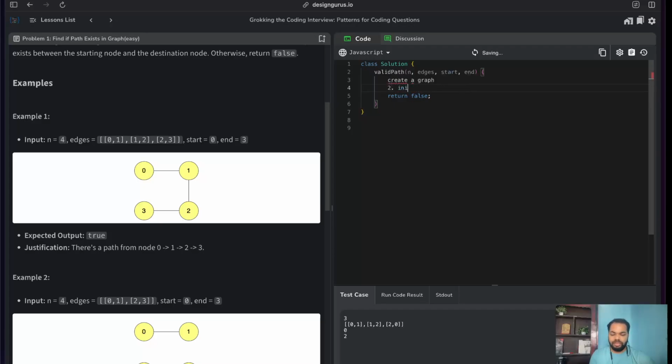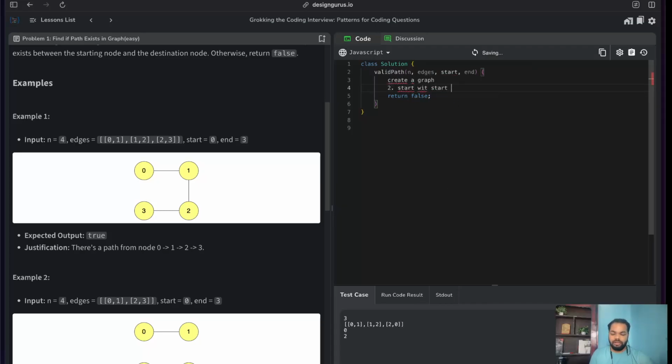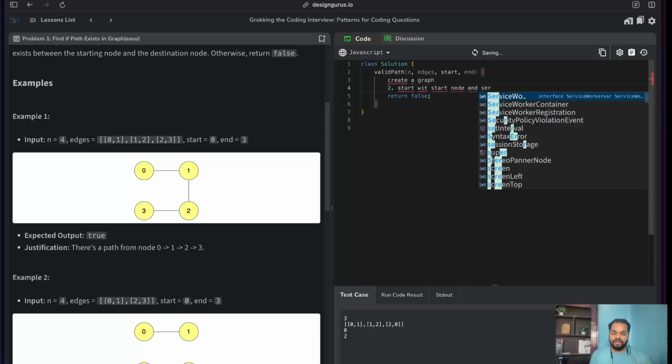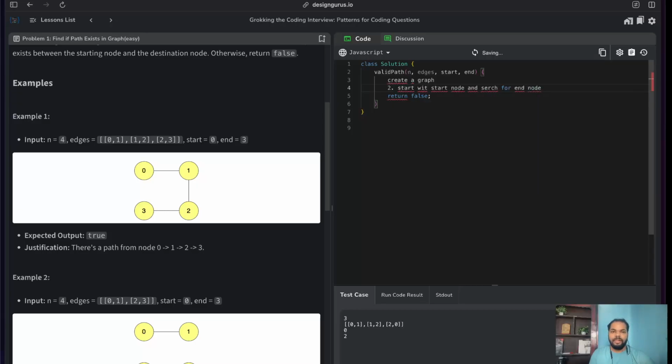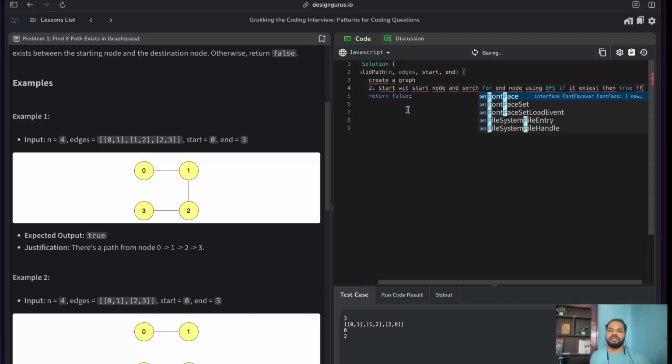So start with the start node and search for the end node. Okay. Using DFS. If it exists, then true, else false. This is our algorithm.